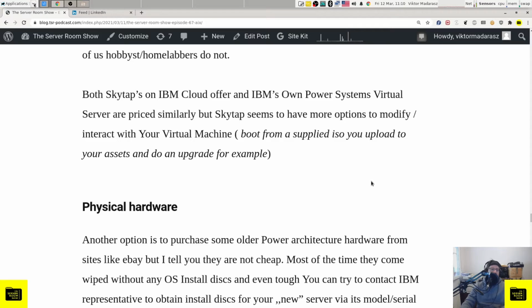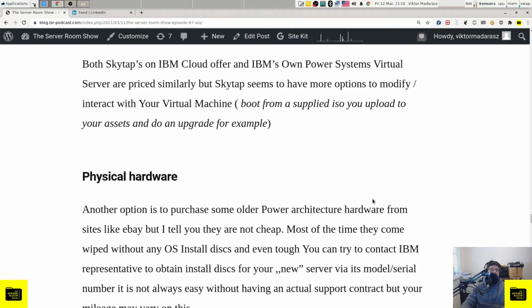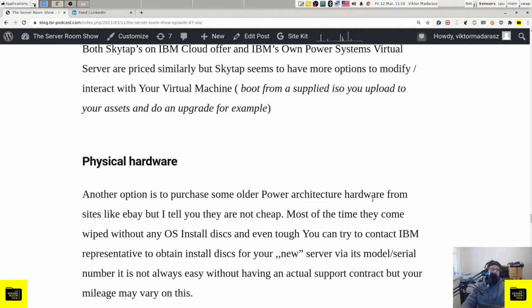So both SkyTap's offer on IBM Cloud and IBM's own Power Systems Virtual Server are priced similarly, as I said, but SkyTap seems to have more options to modify and interact with your virtual machine. You can boot from a supplied ISO you upload to your assets and, for example, do an upgrade, which I did with Andrey's help.